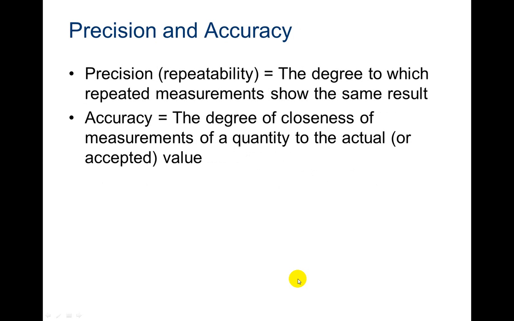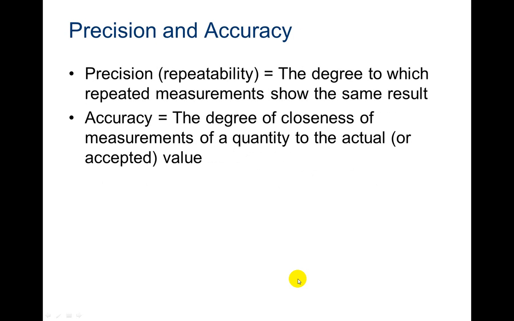All right, so what are those words? Well, precision is repeatability, the degree to which repeated measurements show the same result. And accuracy is the degree of closeness of measurements of a quantity to the actual or accepted value.